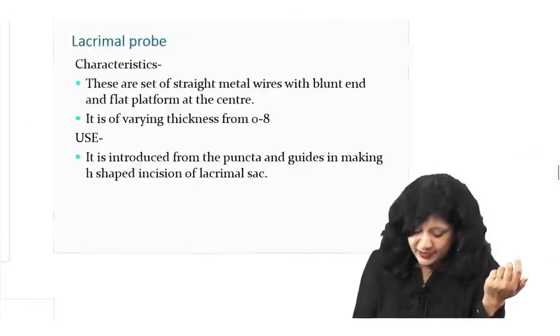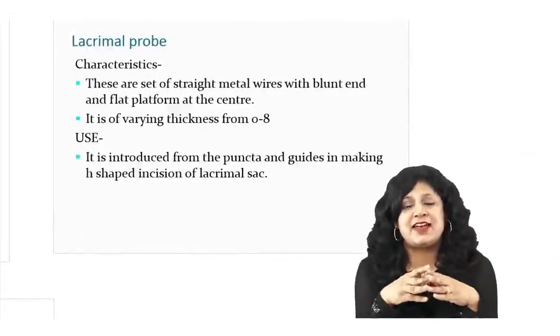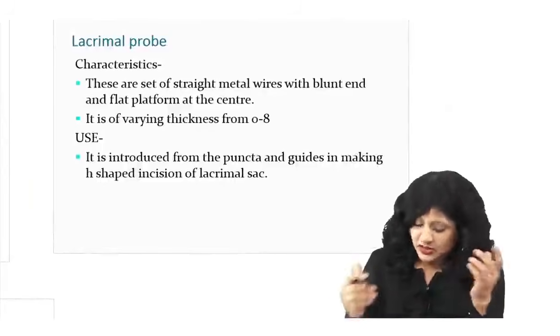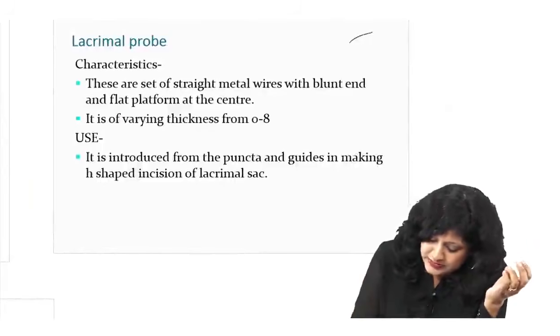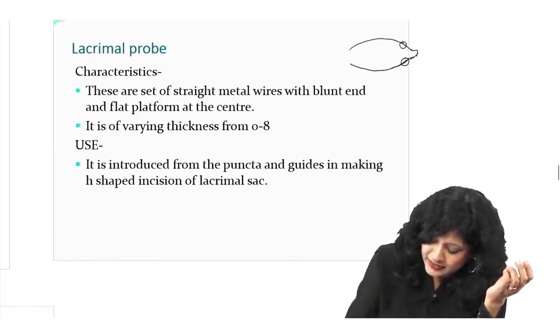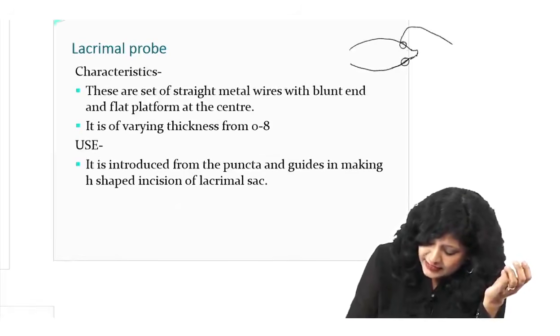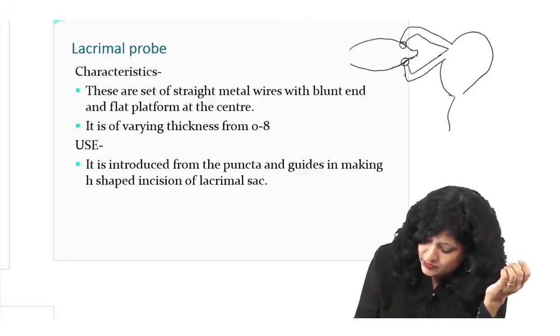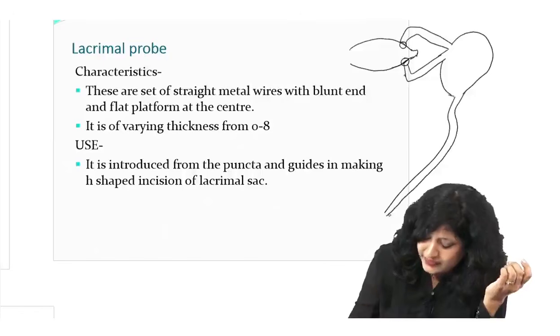So basically when you study congenital dacryocystitis, there are so many things. Suppose this is your eye, and this is your medial canthus. We have an upper punctum, we have the lower punctum right here, and then we have the canaliculi, they are opening into your lacrimal sac, and this lacrimal sac will open into the nasolacrimal duct.